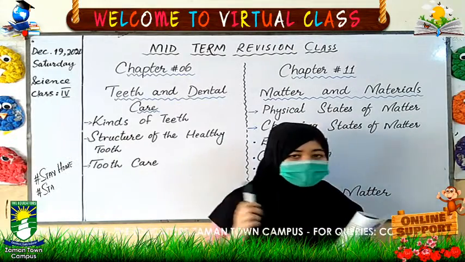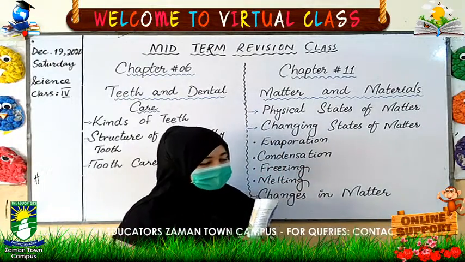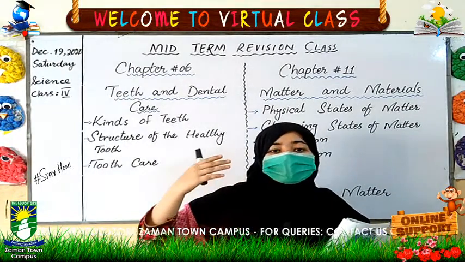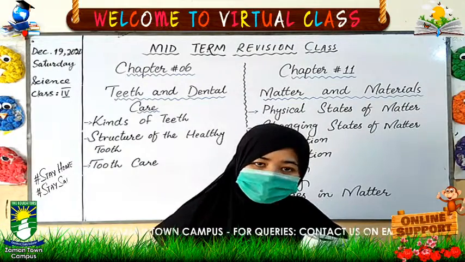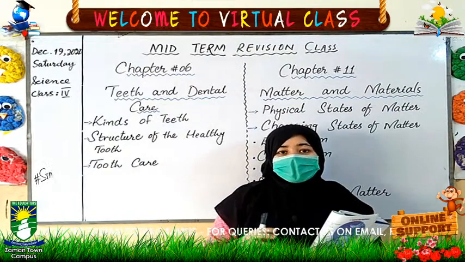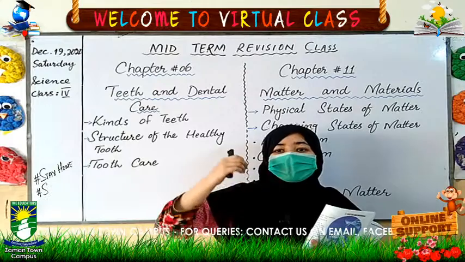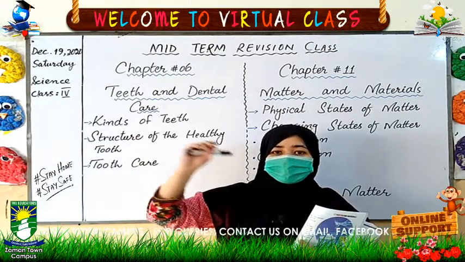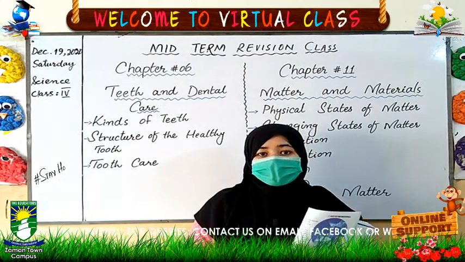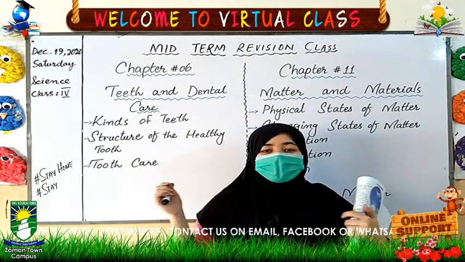Now the next one is gas. What is gas? Gas is another state of matter. In a gas, the molecules are free and very far apart from each other, and they are constantly bouncing off each other.